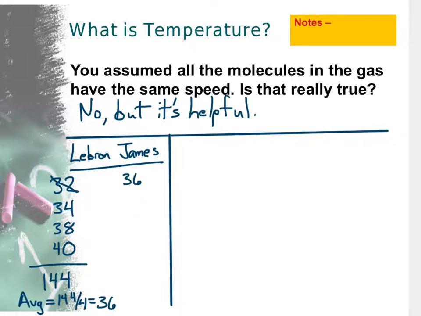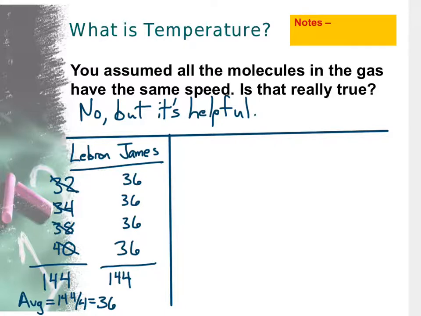Now, if I were to take each of those game scores and replace it with his average, 36, 36, 36, 36, I would still end up with the same total number of points over that 4-game span, wouldn't I? Absolutely, I would end up with 144 points.